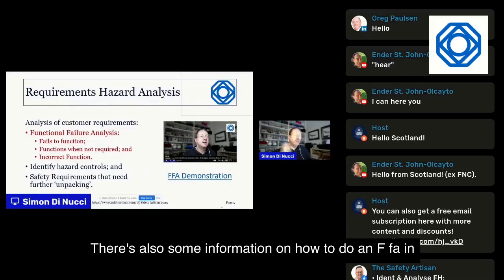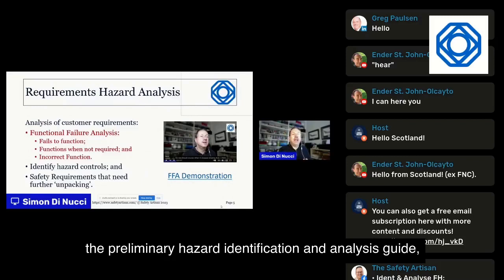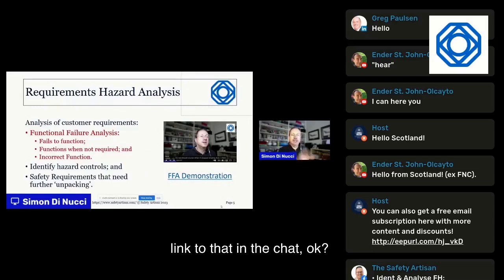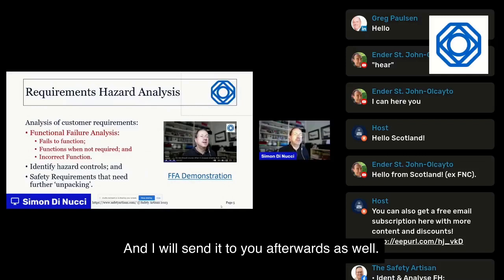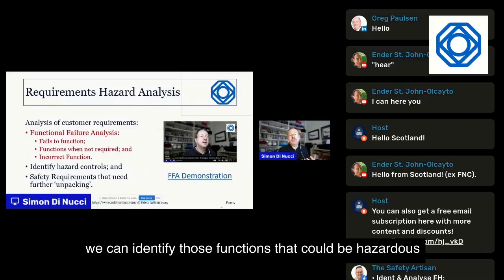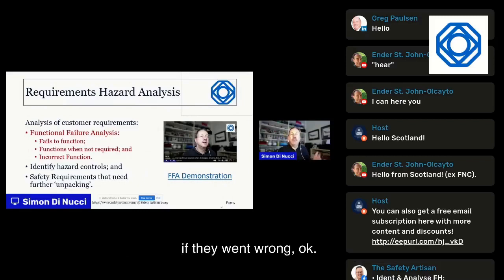There's also some information on how to do an FFA in the Preliminary Hazard Identification and Analysis Guide, the PHIA guide, which is also one of the freebies. There's a link to that in the chat, and I will send it to you afterwards as well. With the functional failure analysis we can identify those functions that could be hazardous if they went wrong.